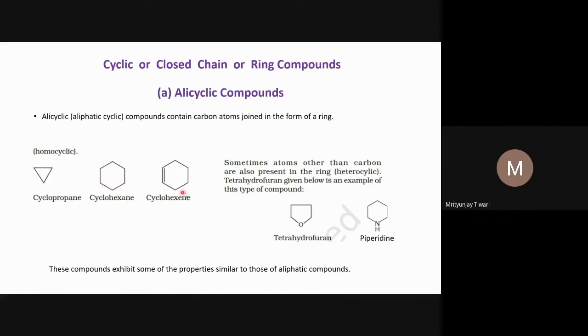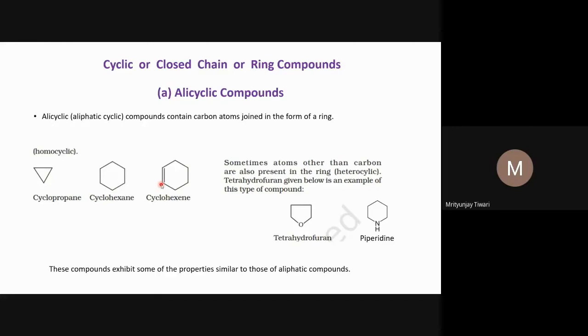This is cyclohexene. Cyclohexene is also a carbocyclic or homocyclic compound, because only carbon atoms are there at each corner of this molecule. Even though there is a double bond in this molecule, the double bond does not define whether it is homocyclic or heterocyclic.